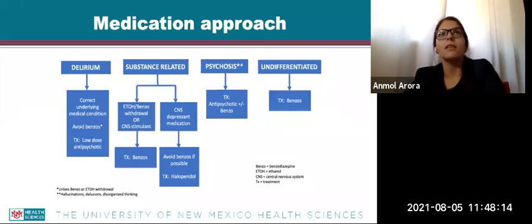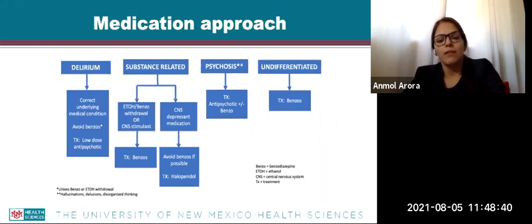It can be difficult to determine whether to use benzodiazepines in somebody who has a depressant like alcohol in their system, because you don't know how much they have had. In that situation, you may prefer the medication haloperidol, which is a first generation typical antipsychotic, and it tends to work well in that population.